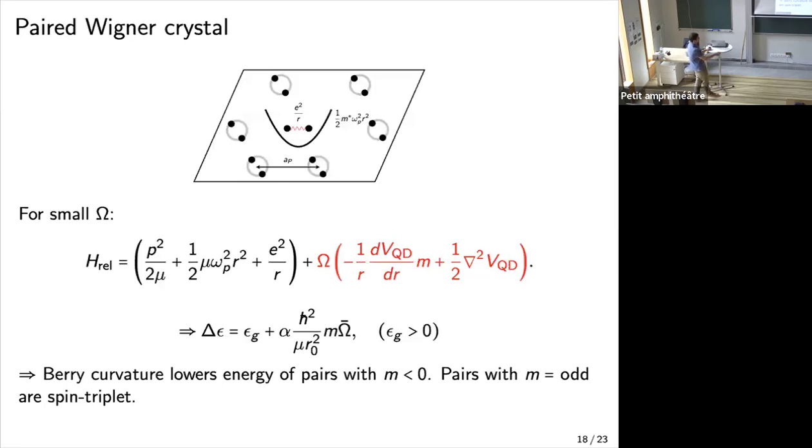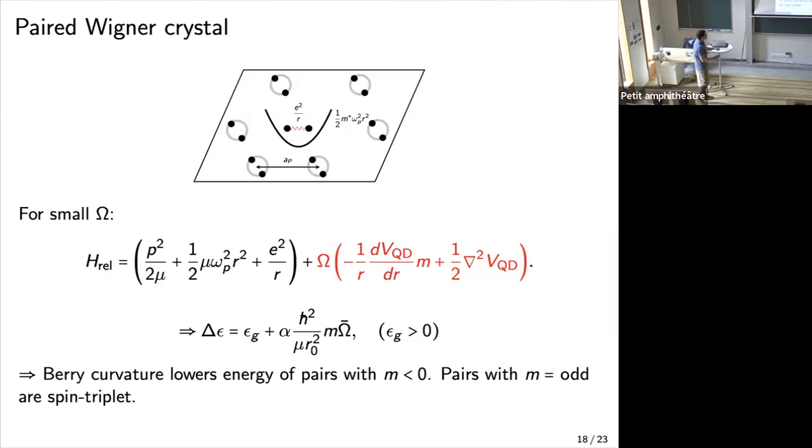So this is the shift of the energy delta epsilon. There's a term that I'm calling epsilon g, which is positive and independent of the orbital angular momentum of the pair, so I won't bother writing it, plus a more interesting term, which is linear in the orbital angular momentum of the pair. It has some dimensionless coefficient alpha, and the units are just h bar squared over mu r naught squared, mu just being the reduced mass of the pair.